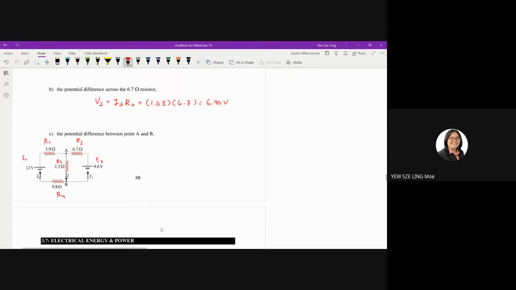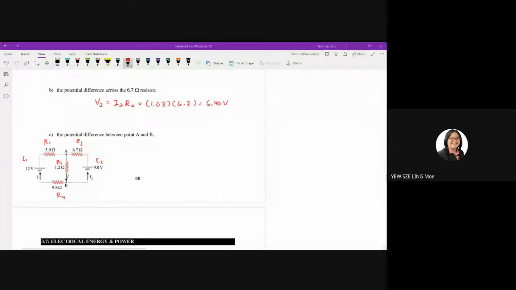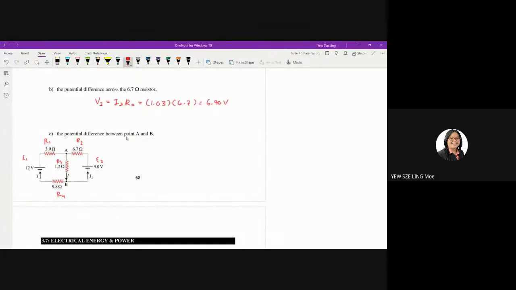Question C, we have three methods. There are three methods that can be used to solve question C. Ada tiga kaedah. So it's asking for potential between point A and B. If it's between point A and B, then it doesn't matter which one is initial, which one is final.